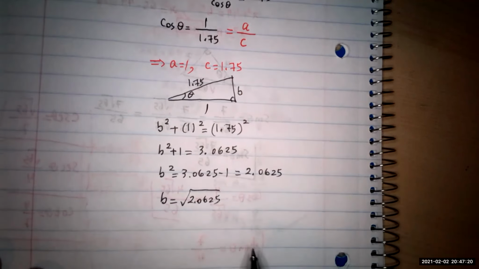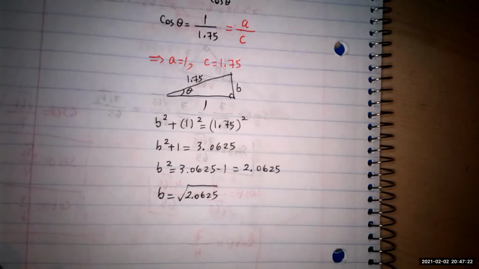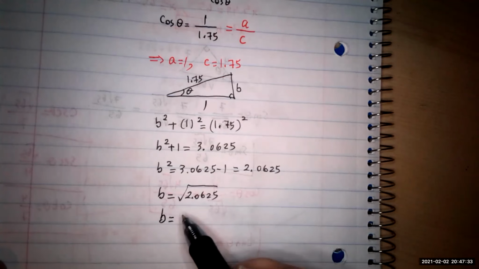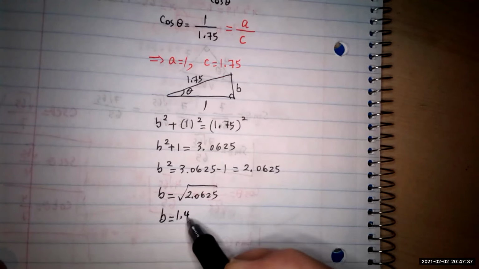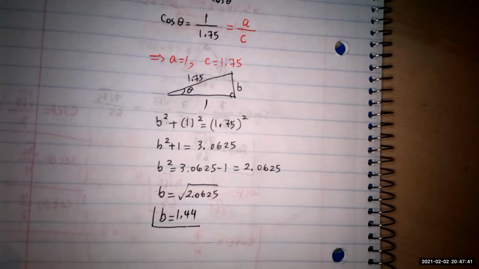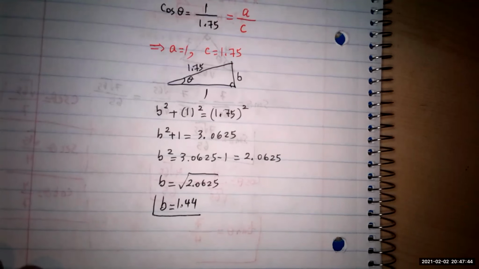Use your calculator here, because in an application problem you are not going for the exact value. If you do it, your B would be 1.44. So 1.44 is going to be the B.